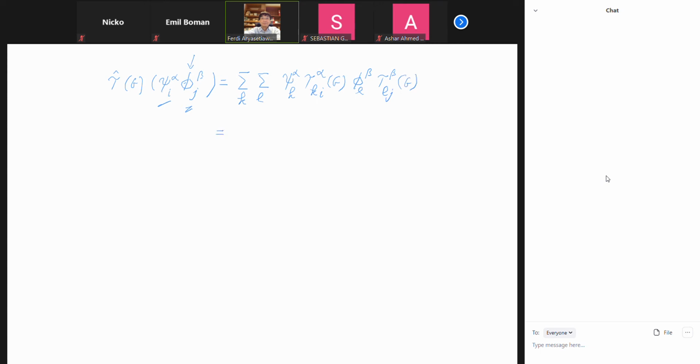Now we can just regroup this thing. So it's sum over KL. I have psi of K, phi of L, then put them together, bracket. Then we see that T alpha Ki times T beta Lj.